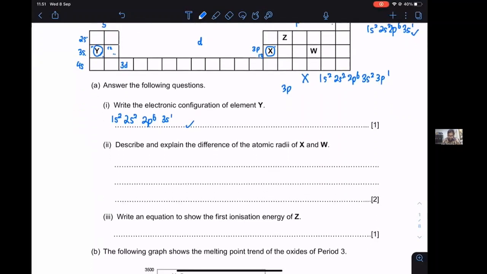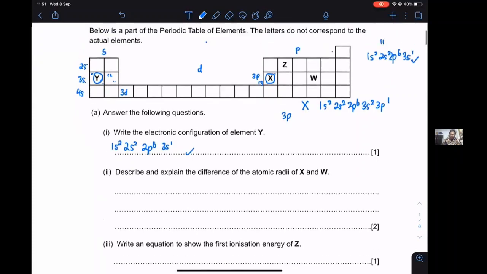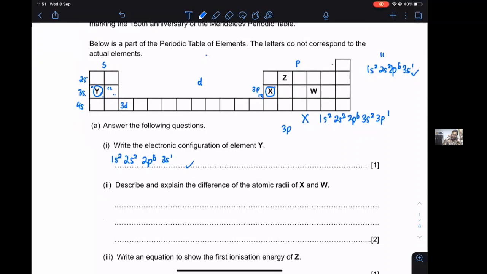Describe and explain the difference of the atomic radii of X and W. If you look at this, this is going from group 13, 14, 15, 16, group 16. We should know that when you go across the periodic table, the size becomes smaller. Why? Because we have the same period, meaning the same number of shells, so the shielding is constant.